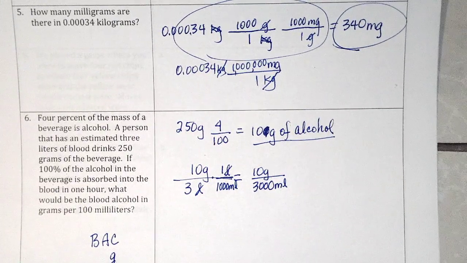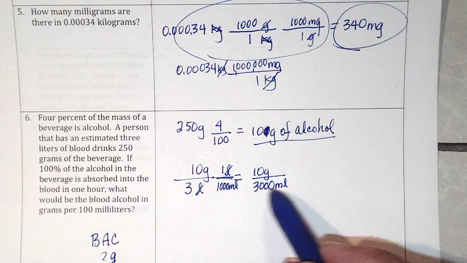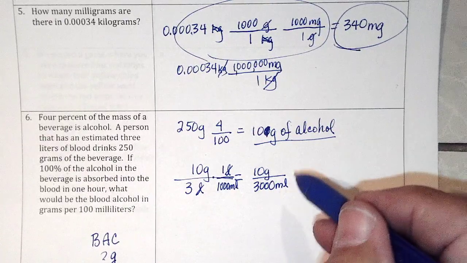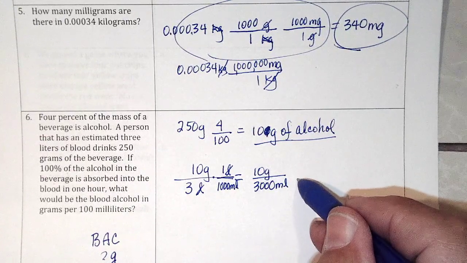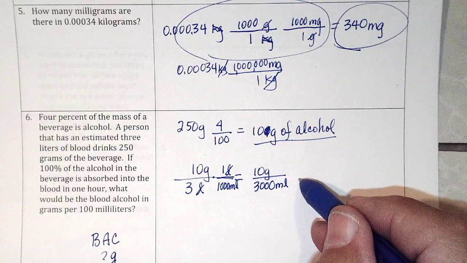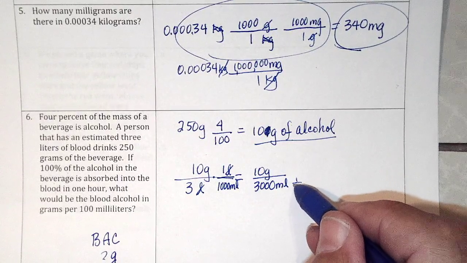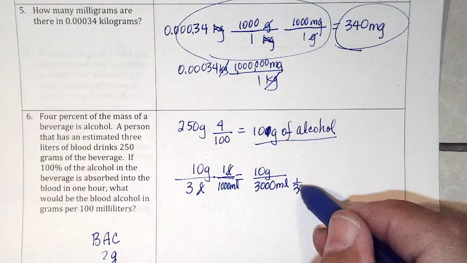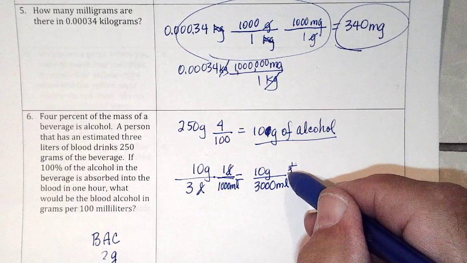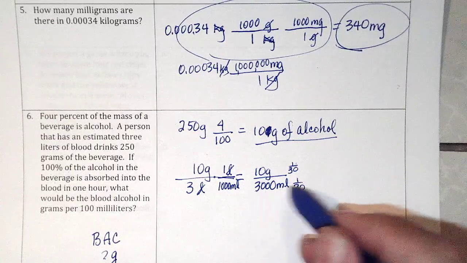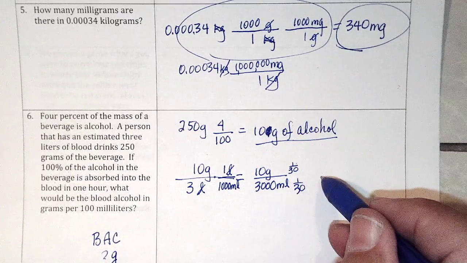But the blood alcohol is done by how many grams are there in 100 milliliters. So we need to change this to 100. If we take 3,000 and divide it by 30, multiply it by 1/30th, and do the same to the numerator, the 30 reduces that to 100.